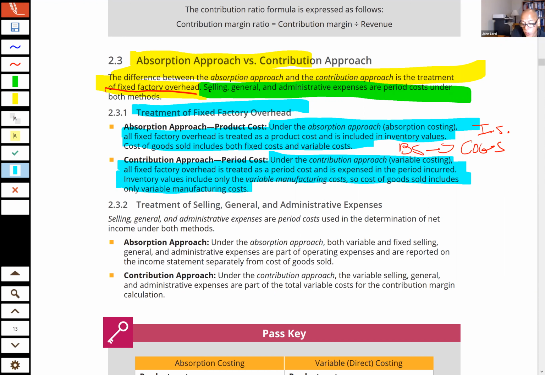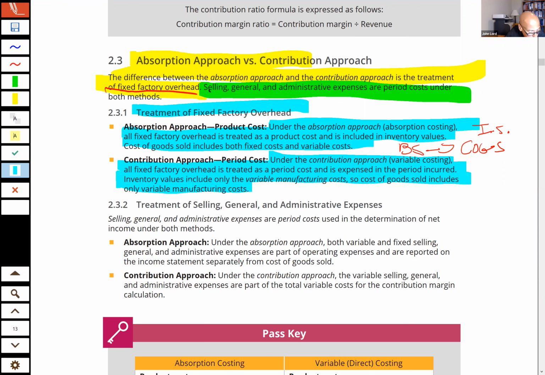If we don't sell the unit, the variable costs still sit on the balance sheet until we actually sell them, whereas all fixed overhead items are immediately expensed under the contribution approach.